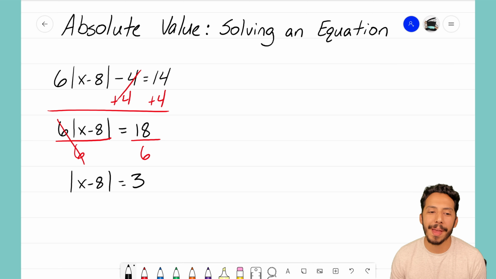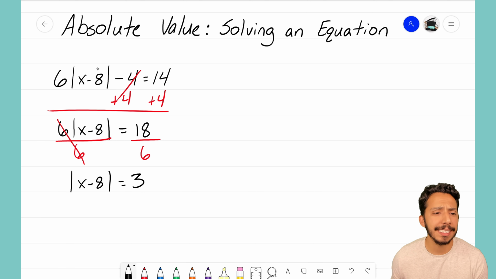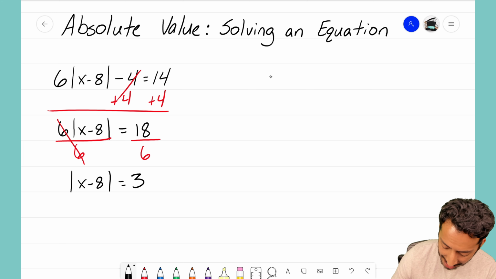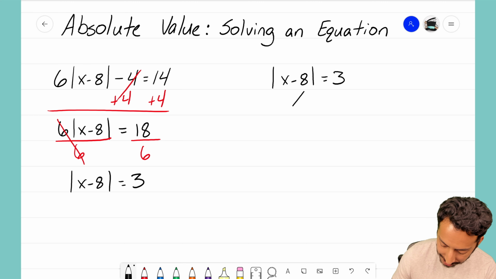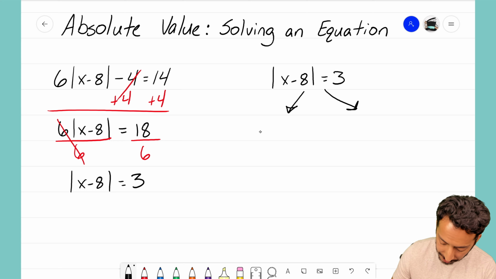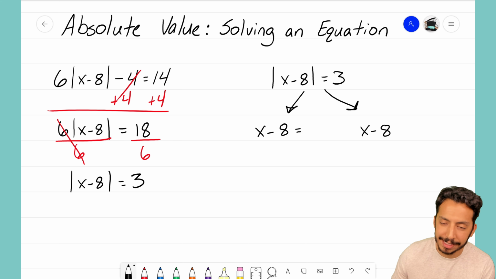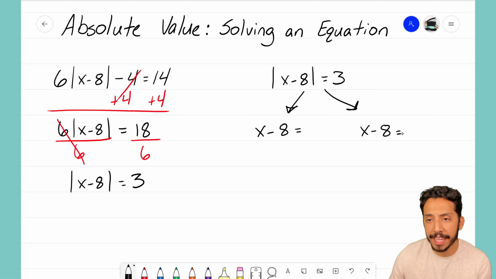So look where I'm at now. I have an absolute value expression on the left-hand side all by itself, not being multiplied by 6, not subtracting 4, all by itself, and it's equal to a number. At this point, I get to separate it into 2 different equations where the absolute value bars are no longer there.